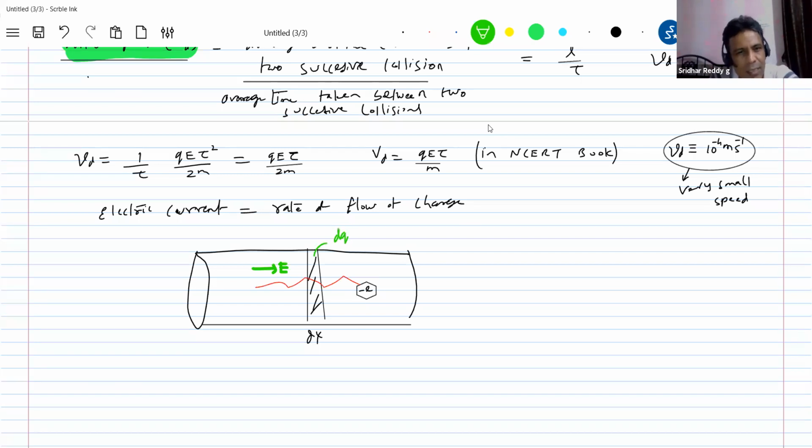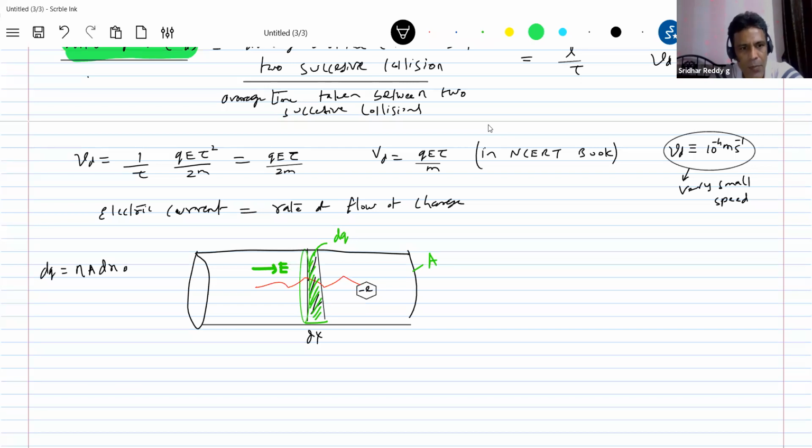Can we tell how many charges are present in this region of area A and thickness dx, or volume? Anybody? We know the concentration of free electrons, no? So can we write an expression for dq, the charge passing through this elemental disk in an interval of time? dq should be equal to the concentration of free electrons times A times dx times the charge of the electron.